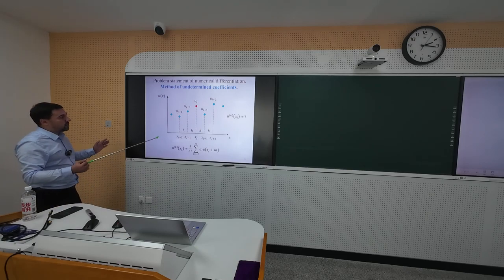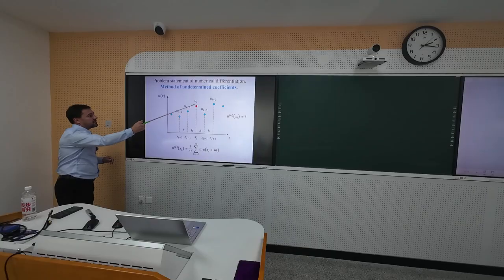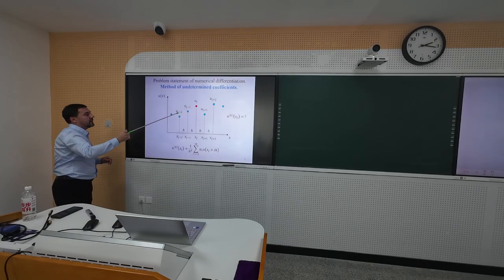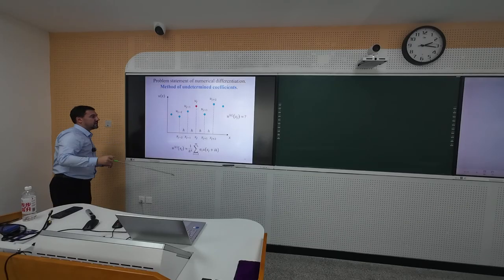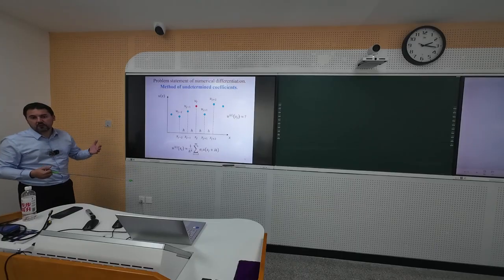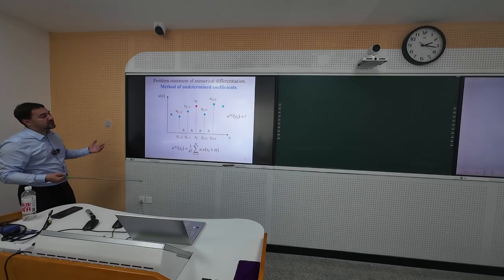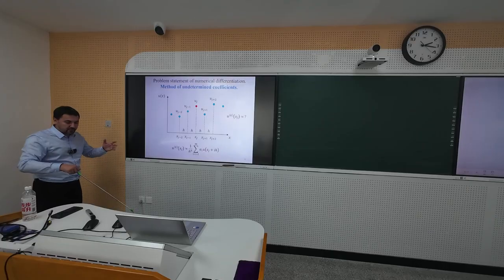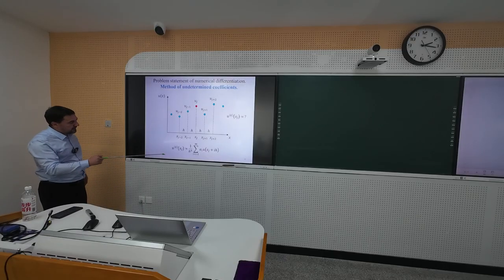Suppose we have this grid function and we want to approximate the derivative at this point, and we know values at all these points. Actually, it could be the results of your experiment, for example, and you need to estimate the derivative. All these questions are connected to each other, and we can propose the following formula.